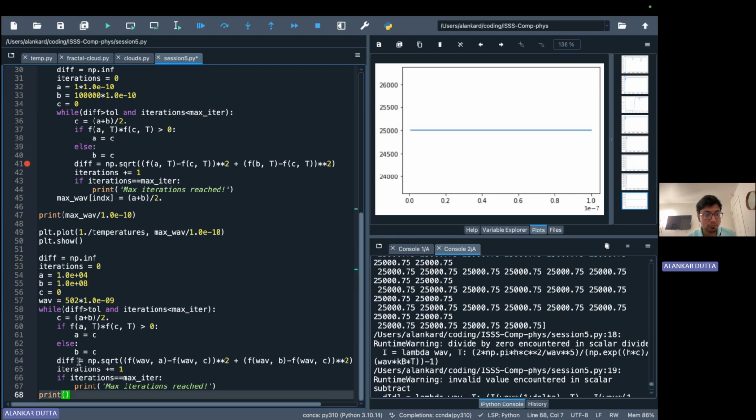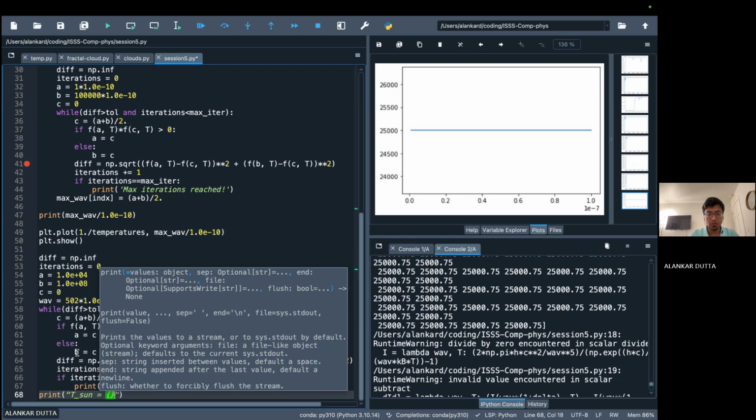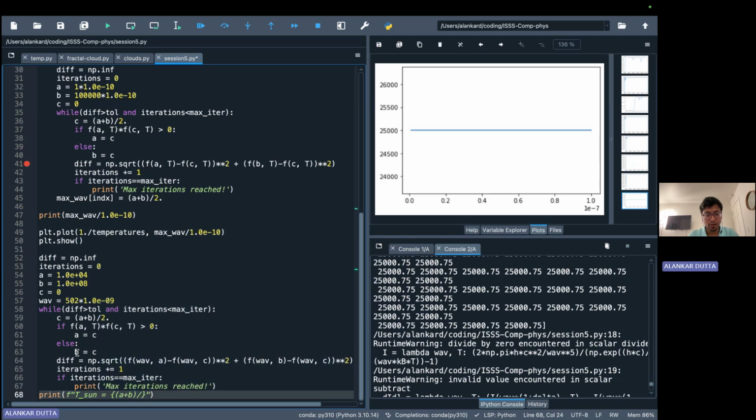So the print is T sun equals to, we can use the F string, A plus B by 2 is what the temperature of the sun is.